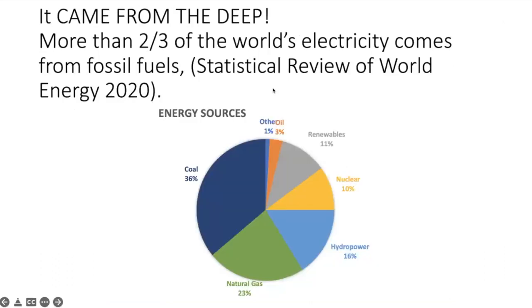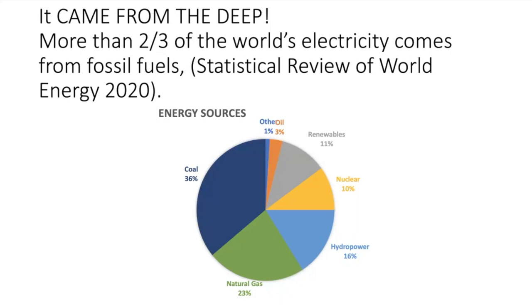So it came from the deep. This is referencing the fact that why we're concerned about greenhouse gas emissions in Bitcoin is because when we're talking about energy or electricity consumption and its contribution to greenhouse gases globally, what we're really talking about is the burning of fossil fuels, right?